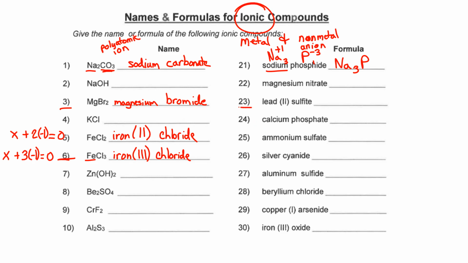All right. Let's look at number 23. It says lead 2 sulfite. So I know that lead is Pb. What does that Roman numeral 2 right there tell me? So it means it's a +2 charge. All right.